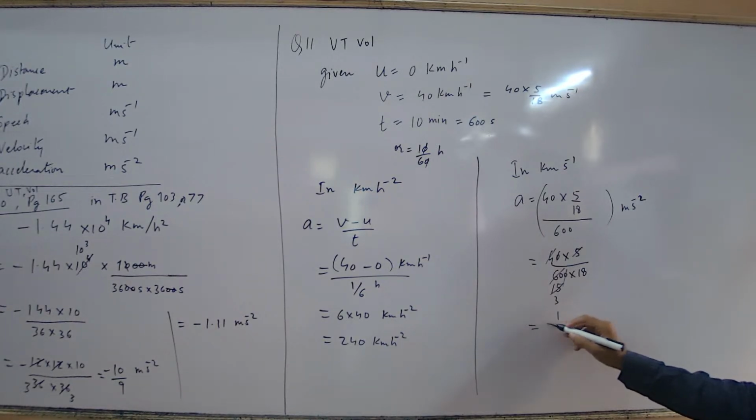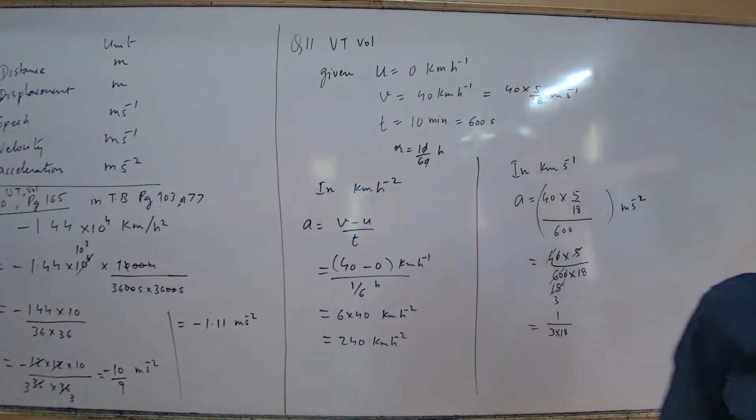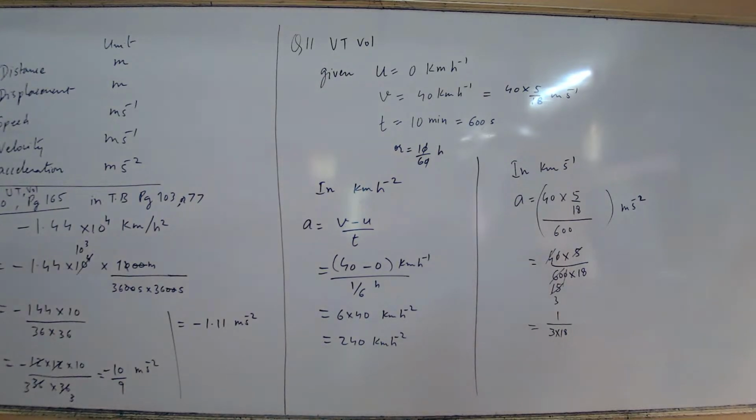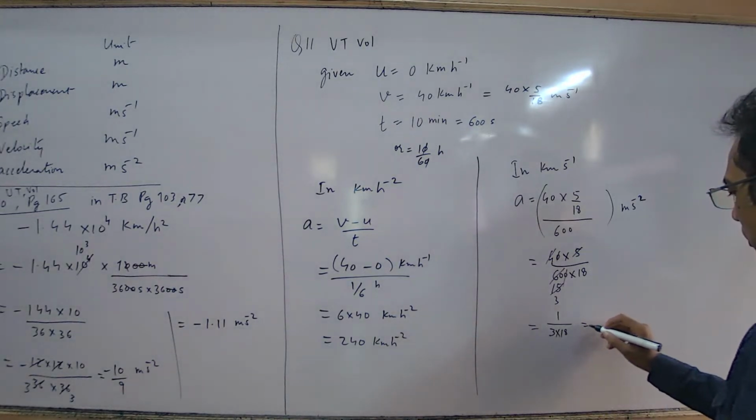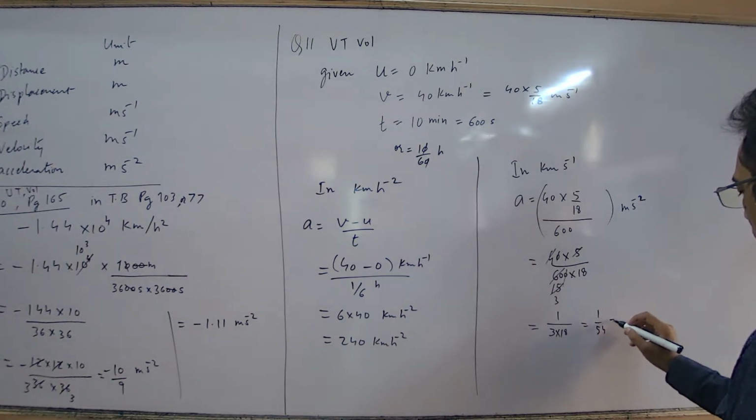So this is 1 upon 3 into 18. How much is this? This is 54, which is 1 upon 54.